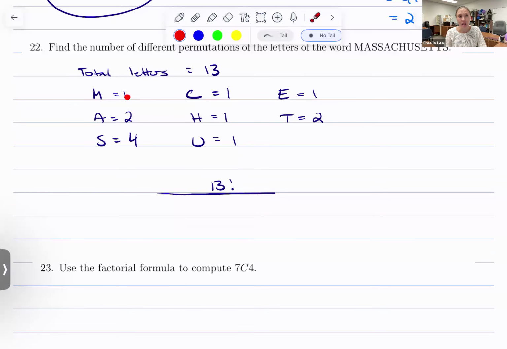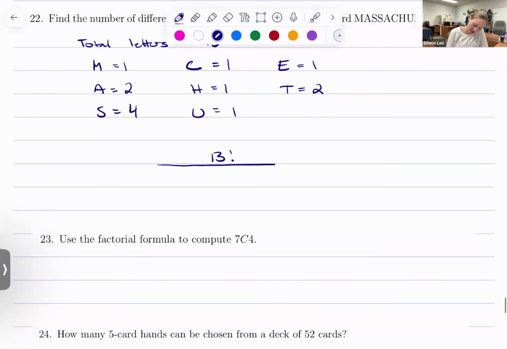Now, technically, you would be dividing out by 1 factorial for the M's, then 2 factorial for the A's. Now, because 1 factorial is just 1, we tend to not write it. Technically, it's there, but I'm not going to write it.